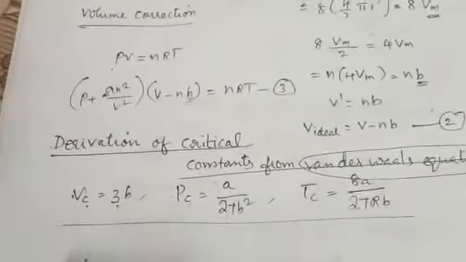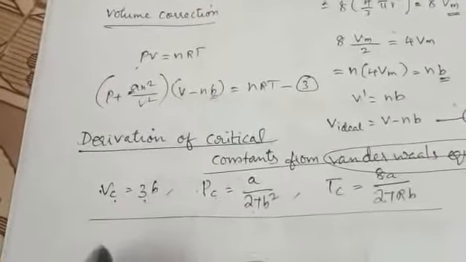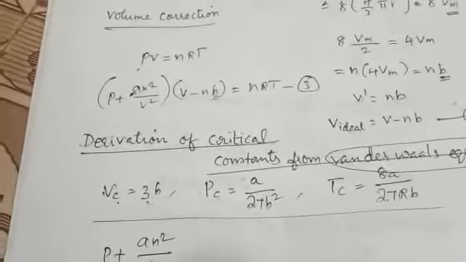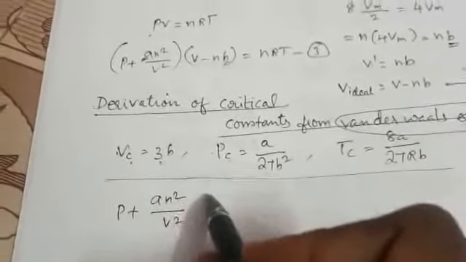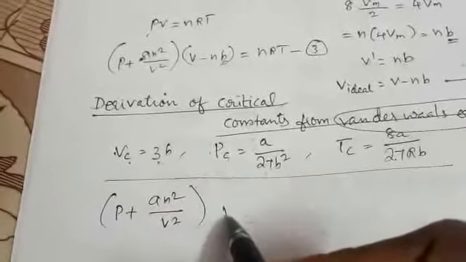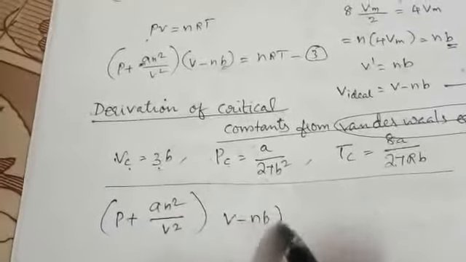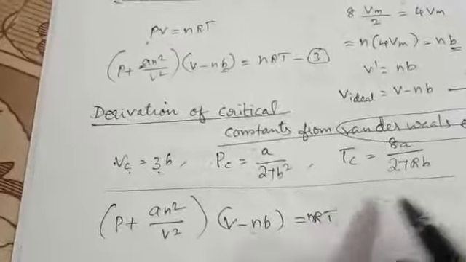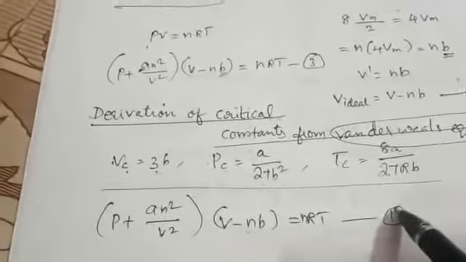The van der Waals equation for n moles is P plus a n squared divided by V squared, into V minus nb, equal to nRT. Equation number 1.